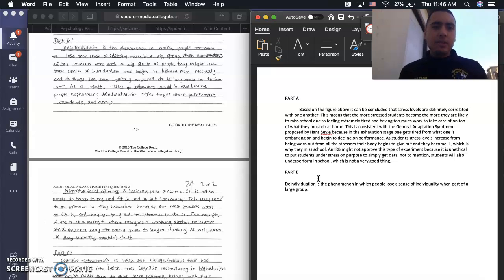So now, if students were in a big group, they might be prone to experiencing de-individuation and acting unlike themselves in other given situations.